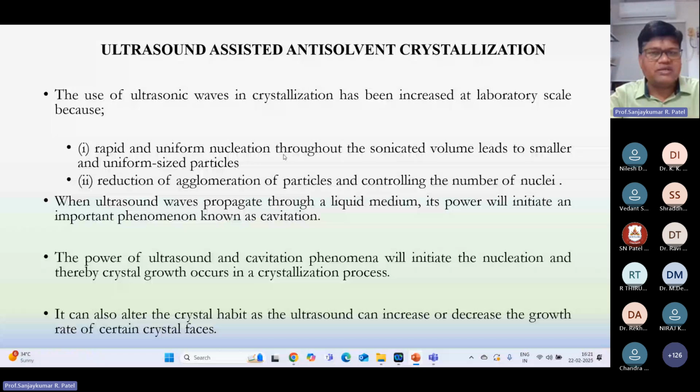Also, the agglomeration of the particles is reduced, and there is better control over the number of nuclei that are created in the supersaturation zone.